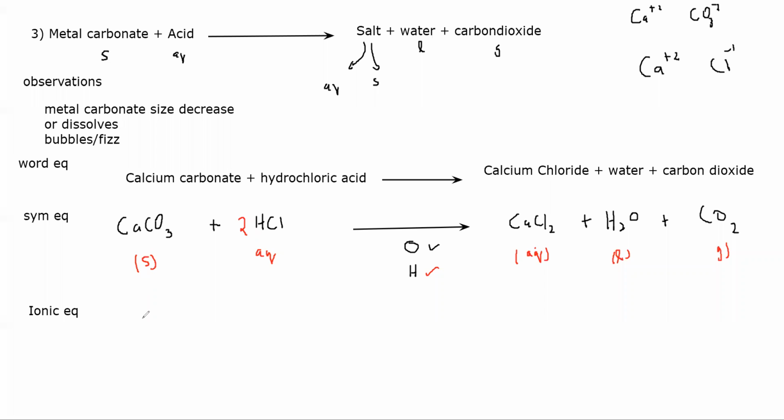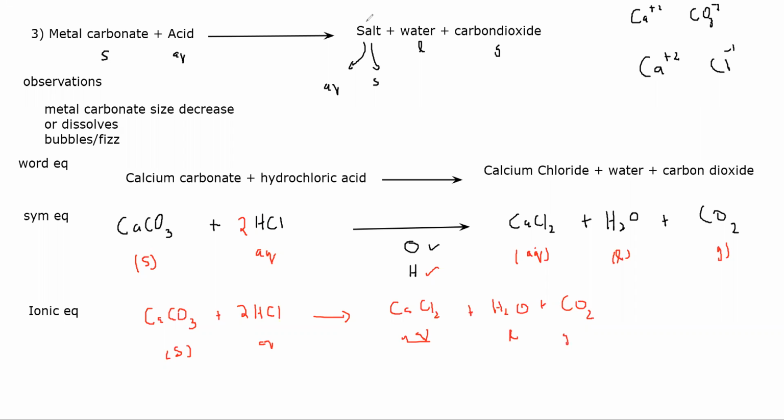So first we will use the balanced symbolic equation in which we have calcium carbonate reacting with 2 hydrochloric acid molecules, resulting in a formation of calcium chloride plus water plus carbon dioxide. Calcium carbonate is solid, hydrochloric acid is aqueous. This was aqueous as well. This is liquid and gas.